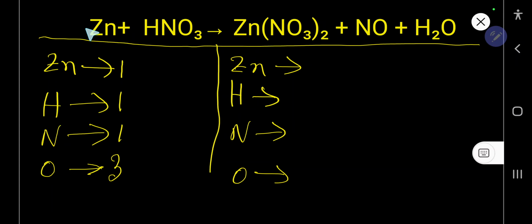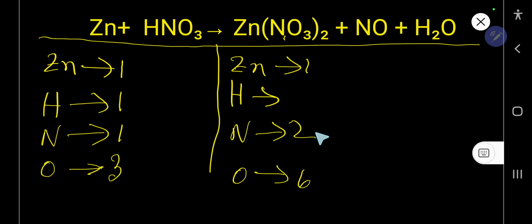How to balance this reaction: Zn plus HNO3 that produces zinc nitrate, nitric oxide plus water. On the right hand side, the number of zinc is 1. For nitrogen, you have to consider 1, and this subscript is common to all, so you need to multiply 1 times 2, that is 2 nitrogen, then oxygen 3 times 2, 6.